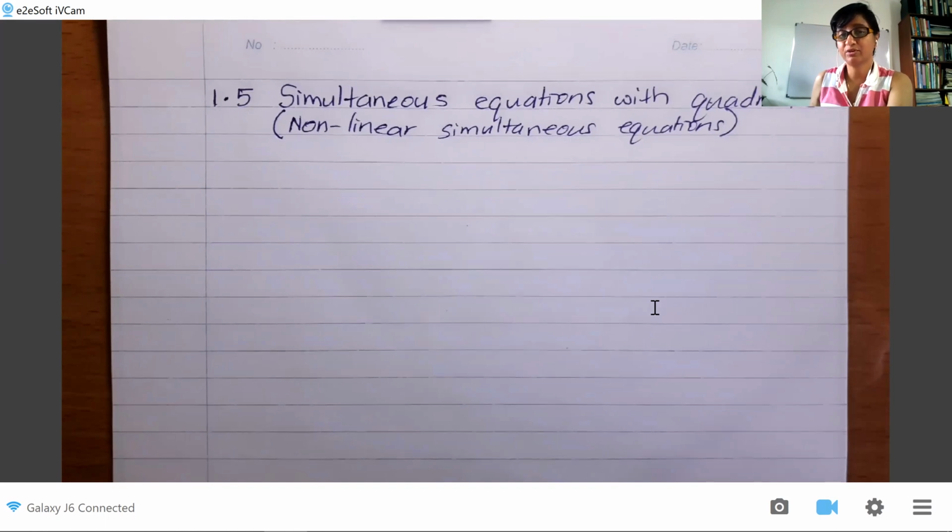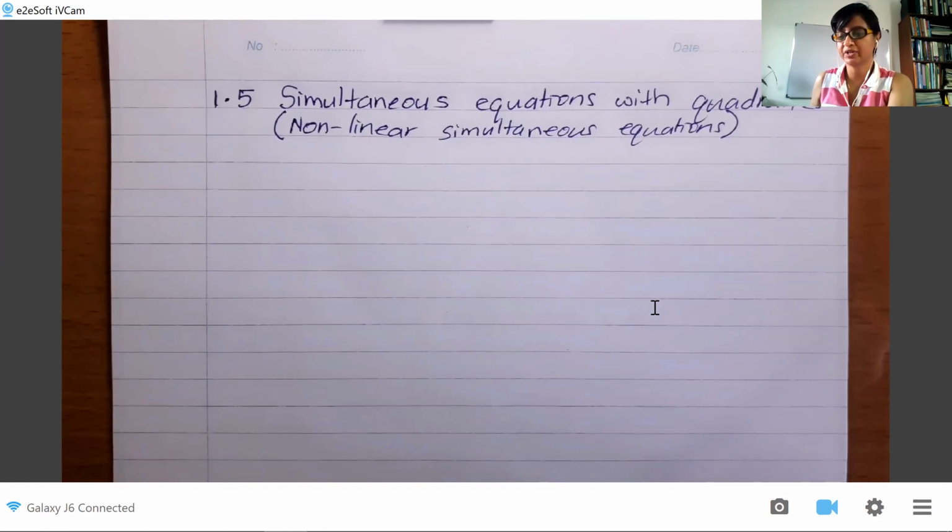Before we jump into non-linear simultaneous equations, let me quickly take you back to what you learned in your O-levels, how to solve a pair of linear simultaneous equations. You learned 2 different methods for this. We are going to quickly recall those 2 methods because we are going to use one of those same methods to solve non-linear simultaneous equations.